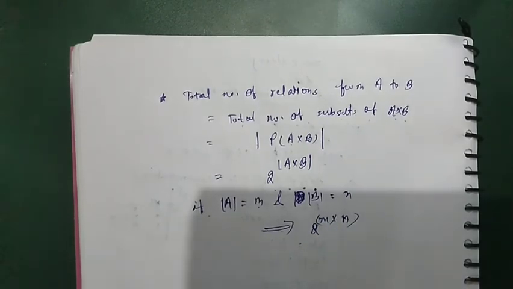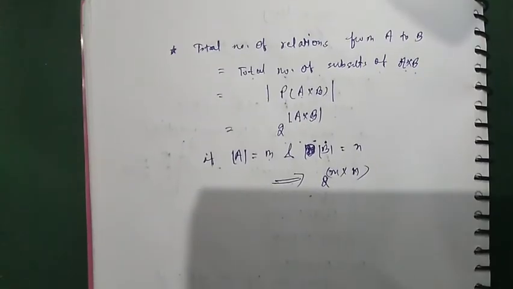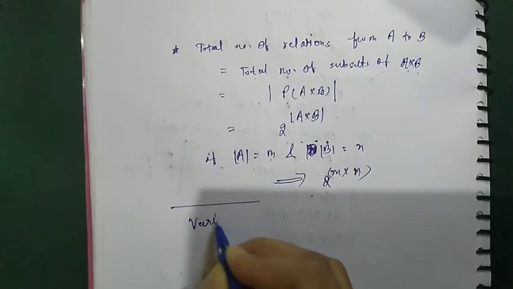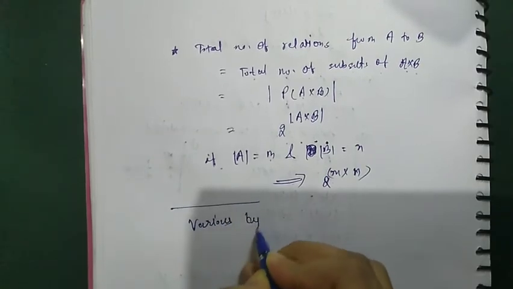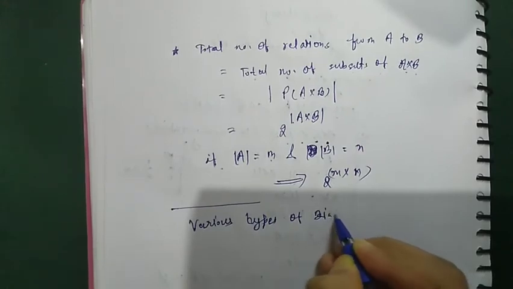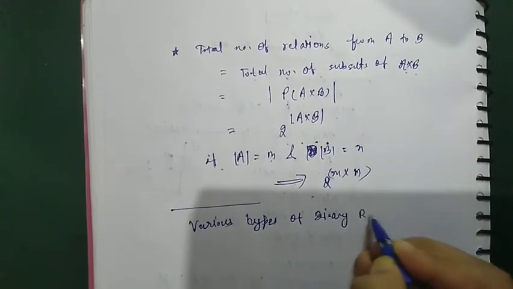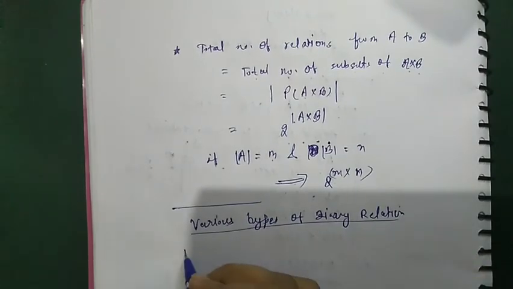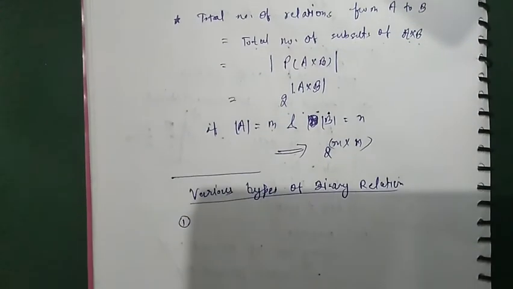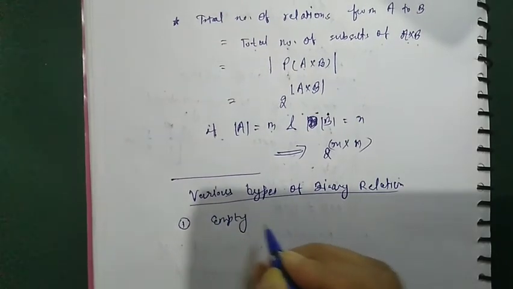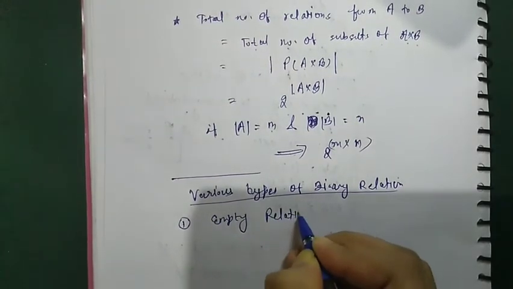Now we are going to see various types of binary relation. The first type of binary relation is the empty relation.